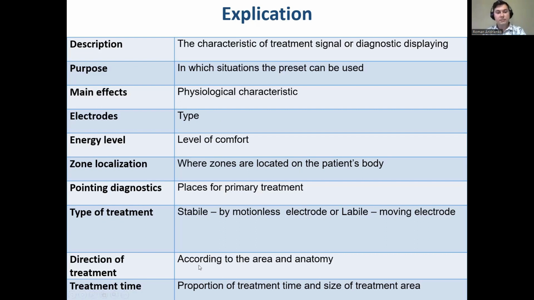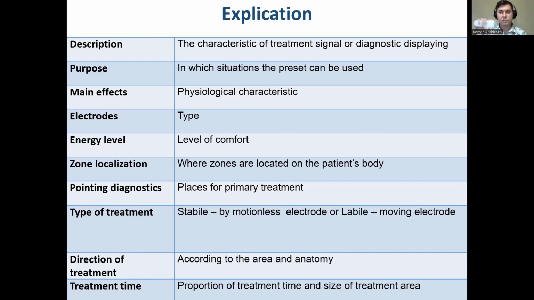Direction of treatment according to the area and anatomy, because sometimes it doesn't matter. When we're dealing with some local trauma, we can treat it up to down, down to up, left to right, right to left. But when we're dealing with, say, the thoracic spine region, we need to go up to down.